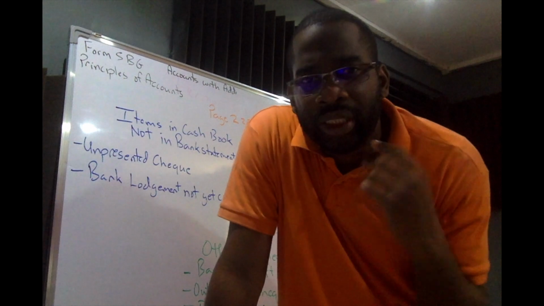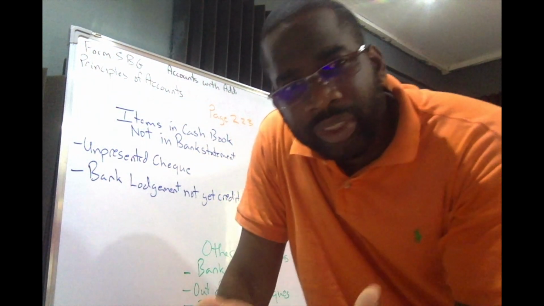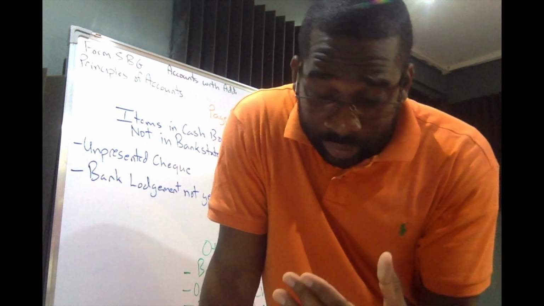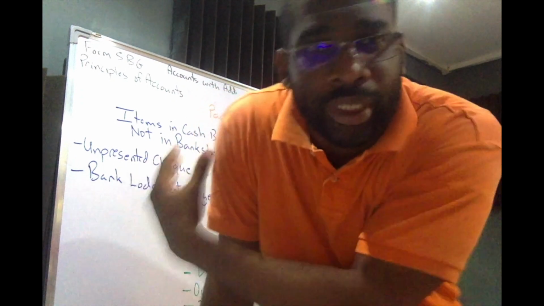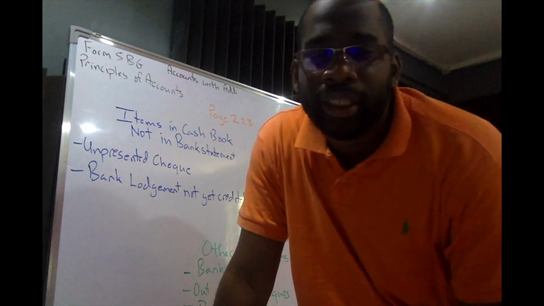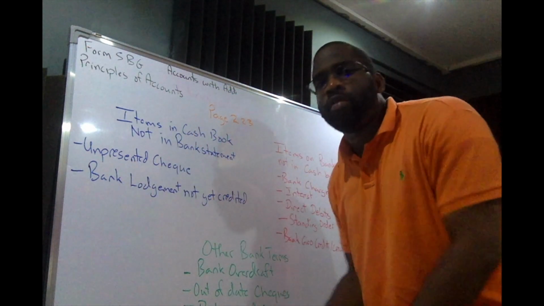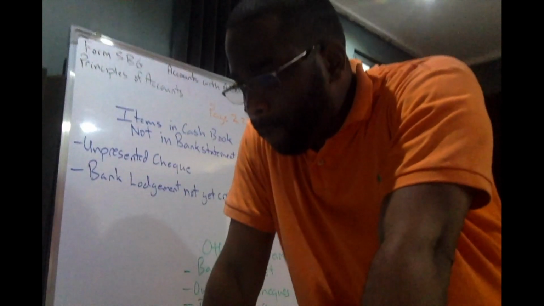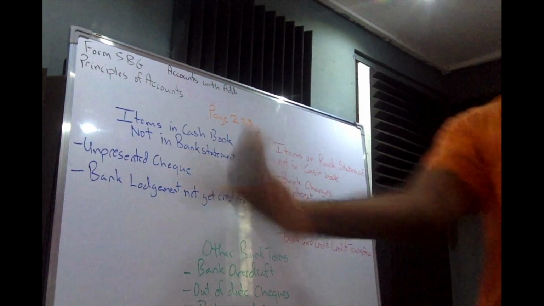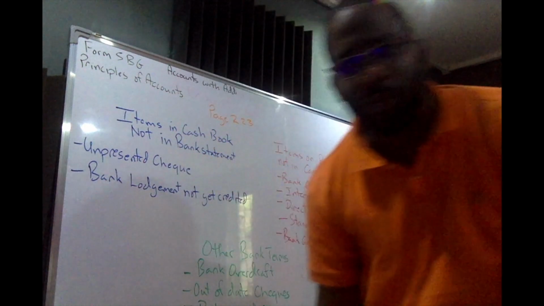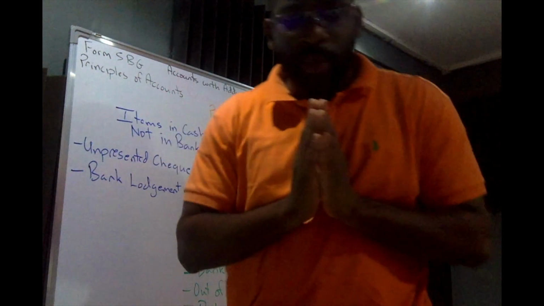So we established that the debit side in the bank account is known as the payout side, and the credit side is known as the money coming inside. So, direct debits. Let me explain what a direct debit is.